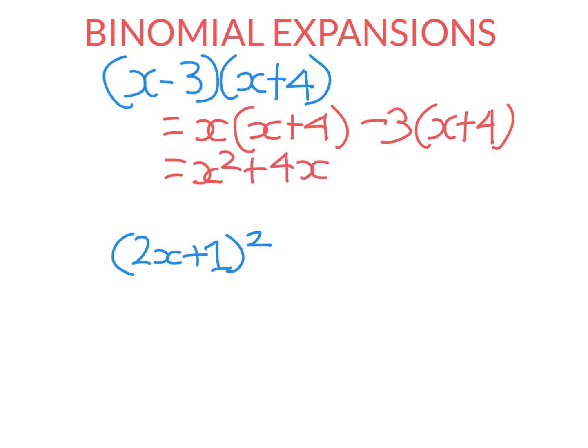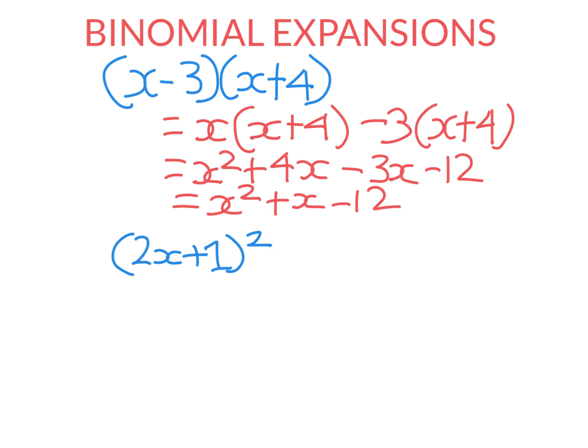Now I'm going to expand the second bracket. -3 times x, -3 times positive 12. So here I can collect like terms, 4x and 3x are like terms. Leave the x squared alone, 4x minus 3x is positive x, and then I leave the -12 alone. There we are, I'm done.